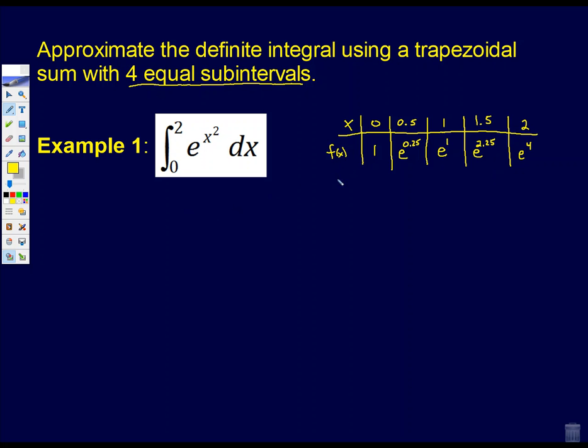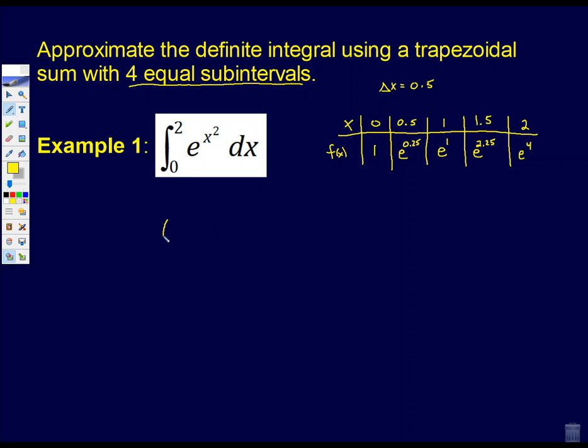So my trapezoids all have a width of 0.5. In a minute, I'm going to make use of that fact to simplify how I write my sum before I actually use my calculator to get the value. But let's just go one trapezoid at a time for now.